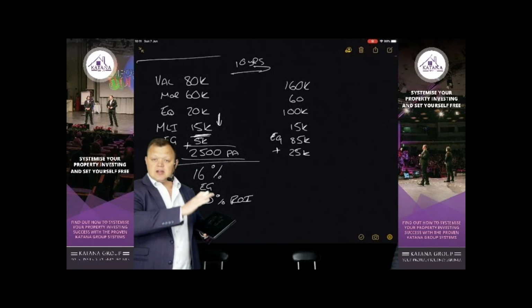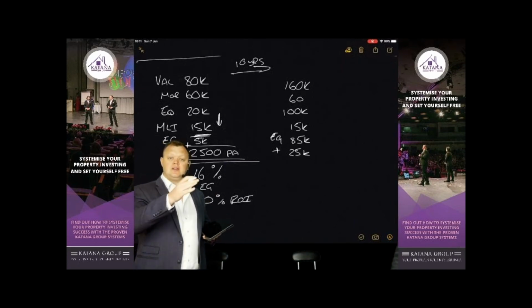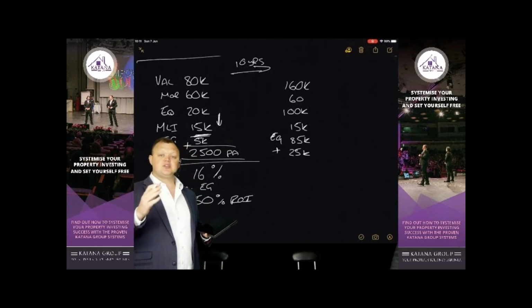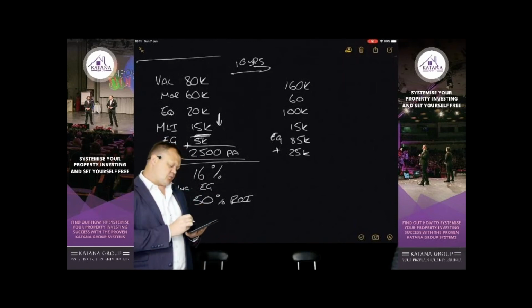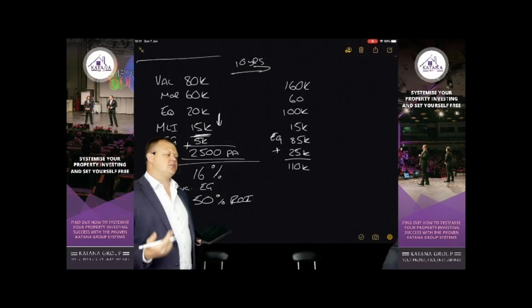That's your 10 years' worth of cash flow, and that's not accounting for any growth in the rents, that's the rent staying exactly the same. Obviously, we know that increases 3 to 5% a year. So that equates to 110K.